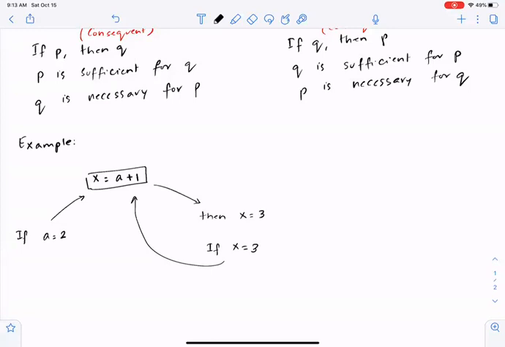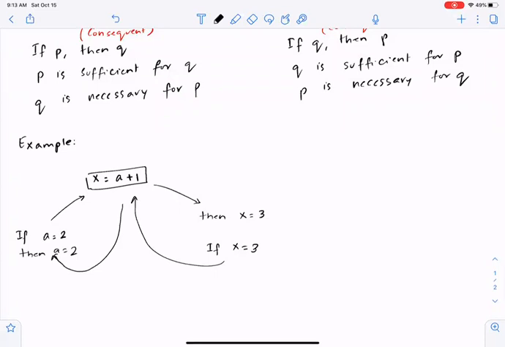Well, if x is 3, if you solve for a, then a is 2. So initially I picked a equals 2, x is 3. If x is 3, then a is naturally 2.